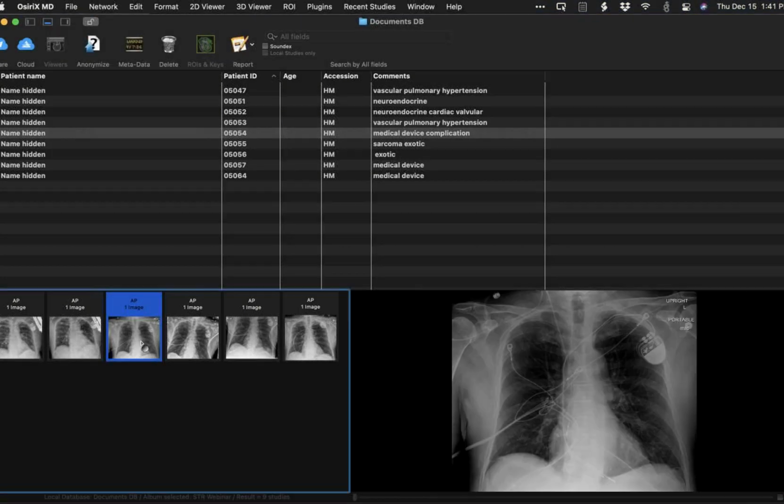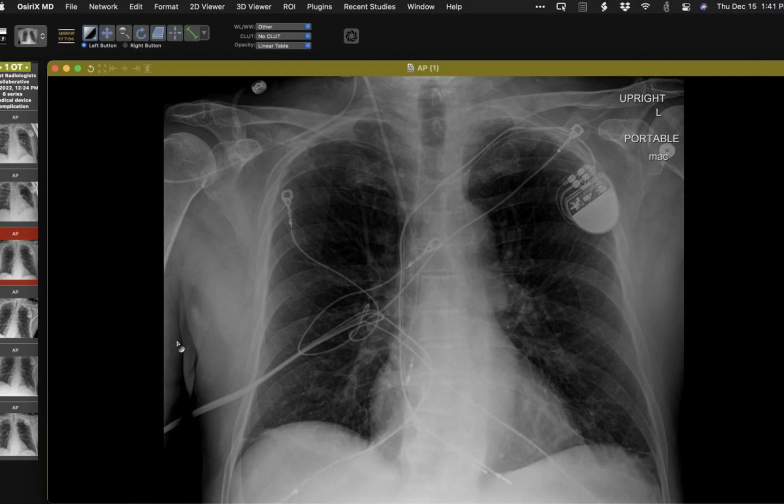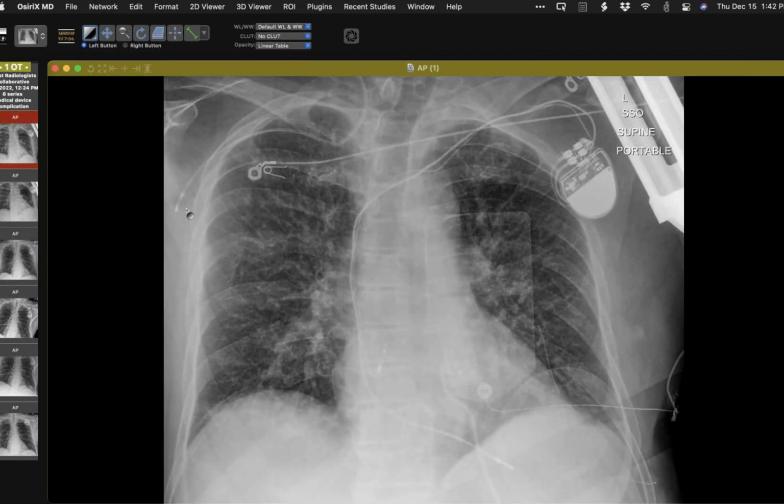Let's start with this one. I'm not showing it in the exact order, but at this particular point in time, let me just go back here. We start off with a patient that has a defibrillator device on. You can see a malpositioned object there.